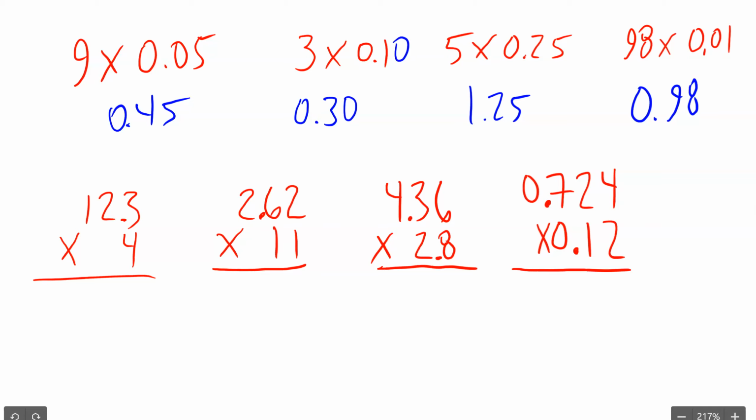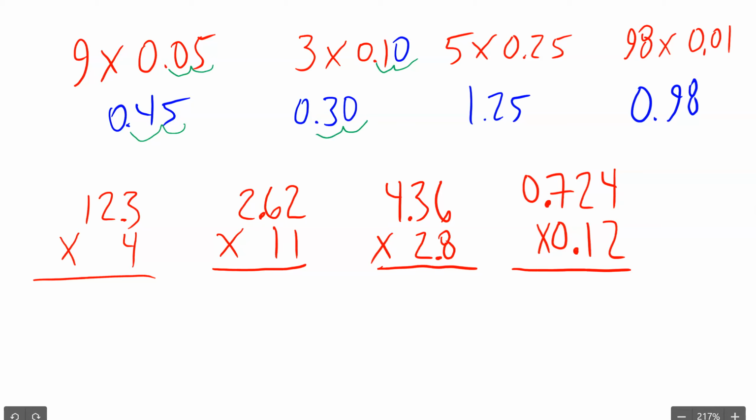So I have a factor of 9, a factor of 5/100ths. And when I look at my factors, I just count up how many total decimal places I have. So here I have 1, 2 decimal places. So in my answer, or in my product, I'm going to have 1, 2 decimal places. Here are my factors, 1, 2, and in my product, 1, 2.